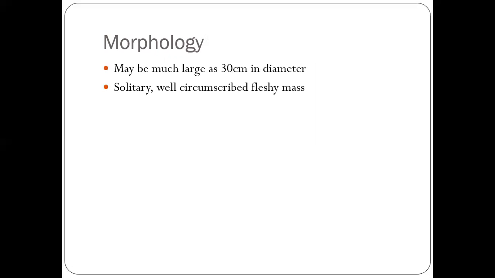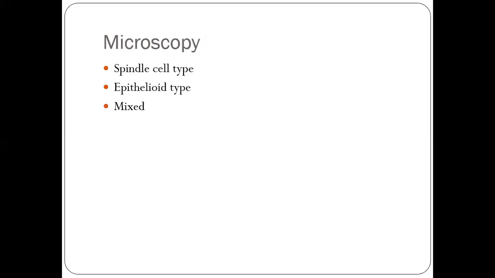Gross and microscopic features. These tumors may be very large in size. They may reach as large as 30 centimeters in diameter, and often they are solitary, well circumscribed fleshy masses. And microscopically, there are two main patterns or types of cells seen in gastrointestinal stromal tumors.